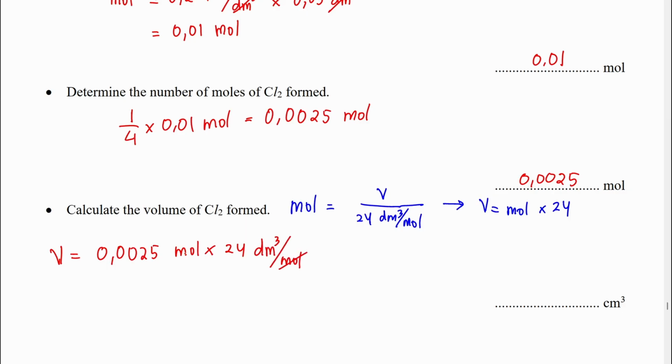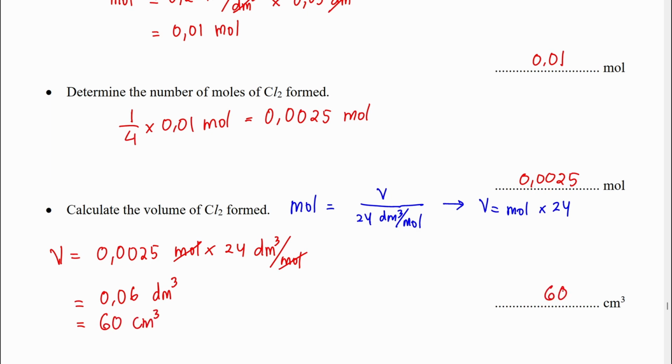And we can cross the unit of mole, then you will get 0.06 dm cube. But remember, in here, the unit is in centimeter cube. So you times with 1000 to convert dm cube into cm cube. So the answer is 60 cm cube.